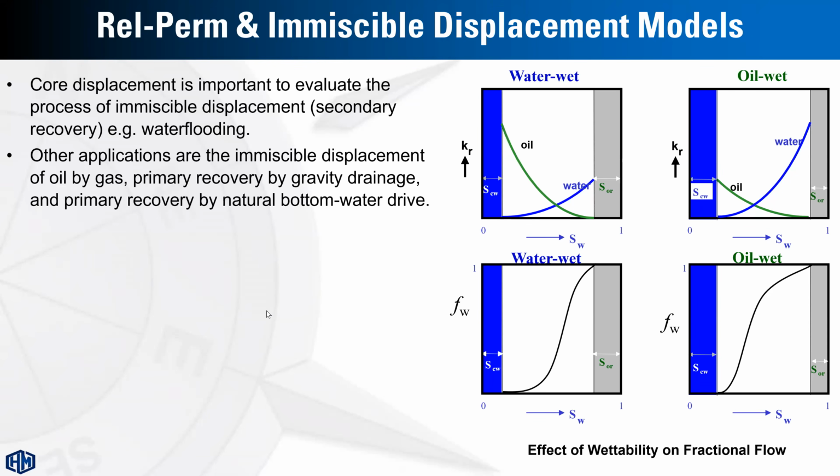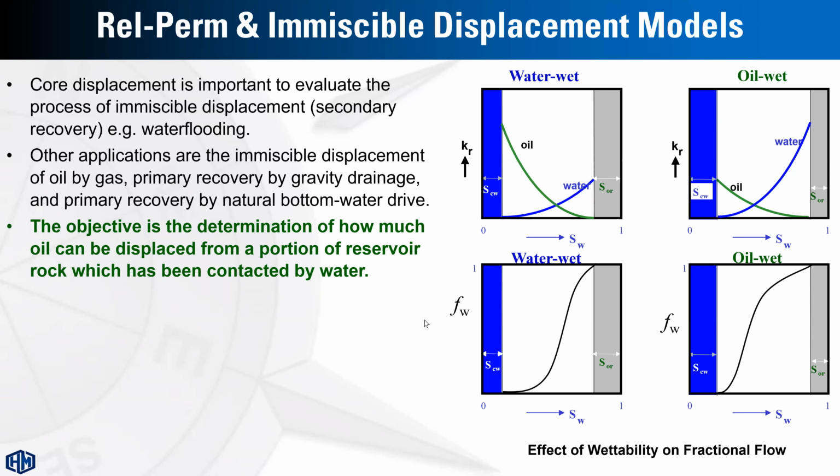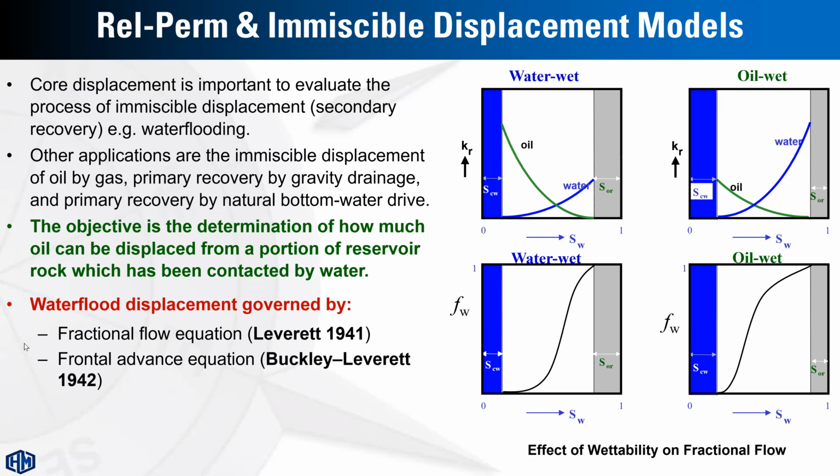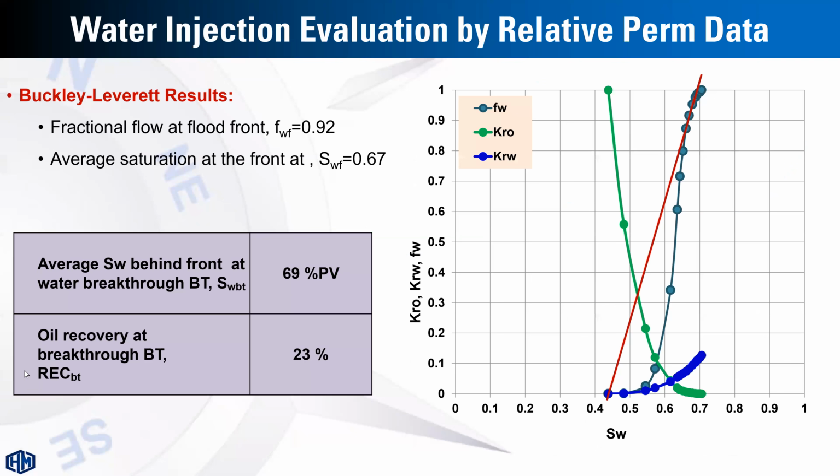In that case, relative permeability data are very important, and we can calculate what we call the fractional flow of water using different displacement techniques, like the fractional flow equation defined by Leverett and the frontal advance equation defined by Buckley-Leverett. So we can characterize the expected recovery from a water flood project, like this case.